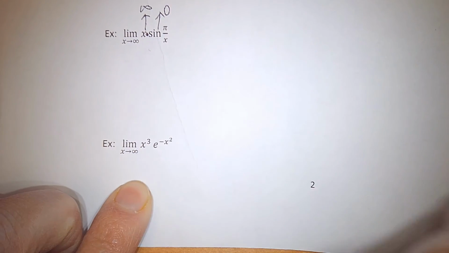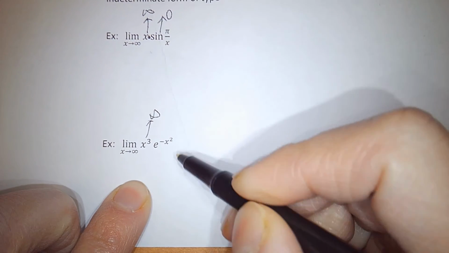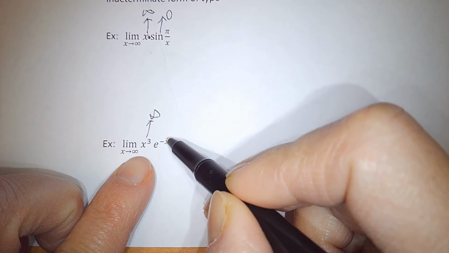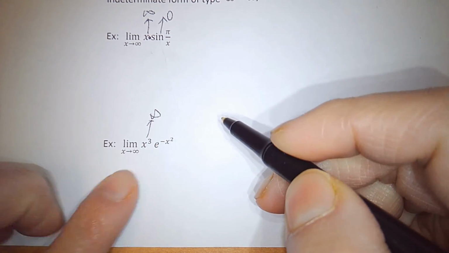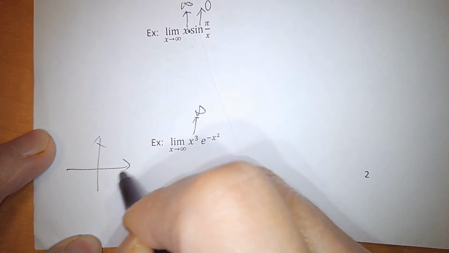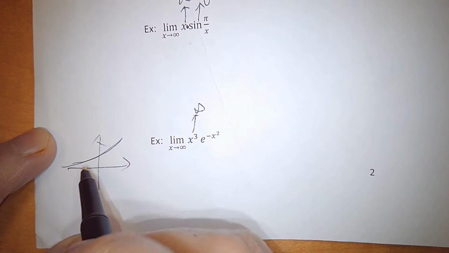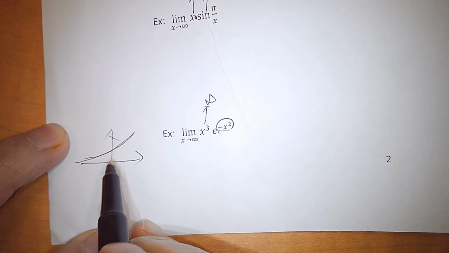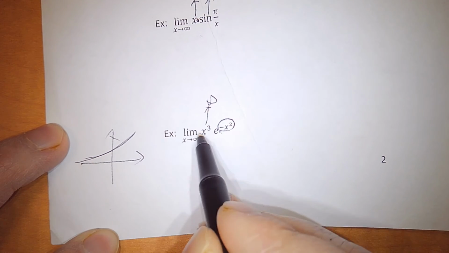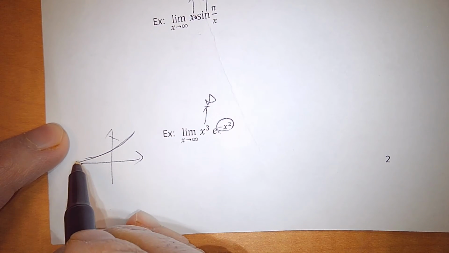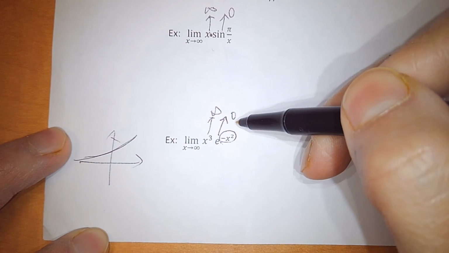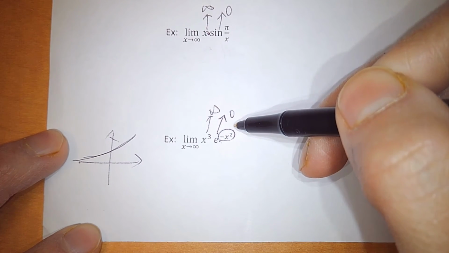This one, let's check. x cubed goes to infinity. Negative x squared goes to negative infinity, right? What is e to the negative infinity? Do you remember the graph of the exponential function? When this part goes to negative infinity, e to the negative infinity goes to 0. So this is also an infinity times 0 form, okay?